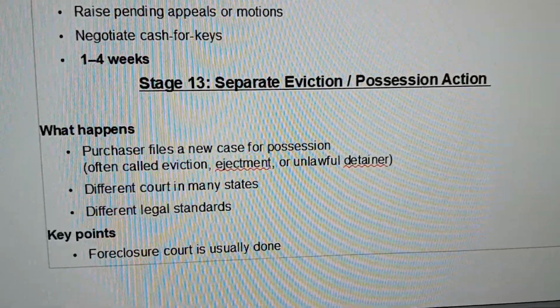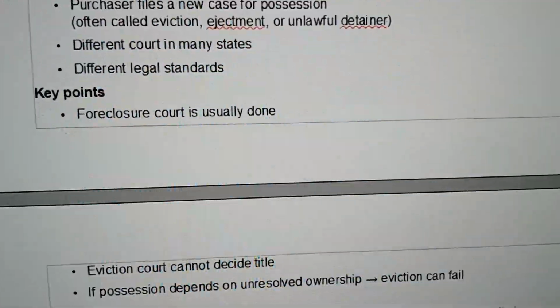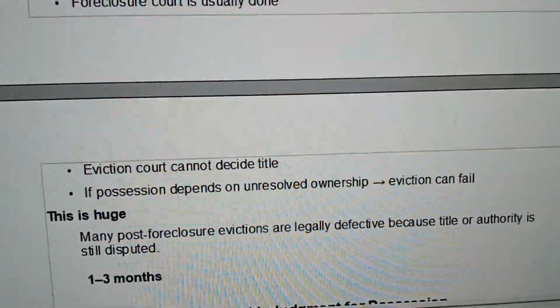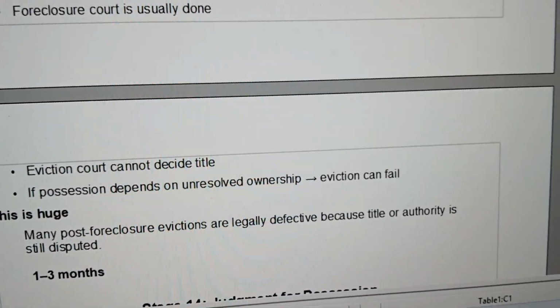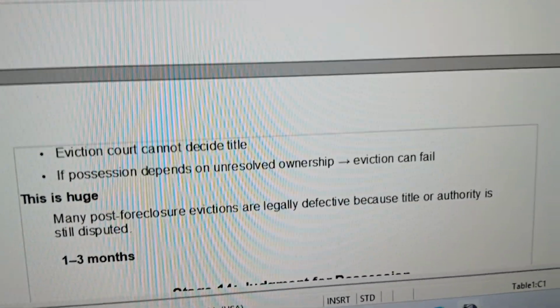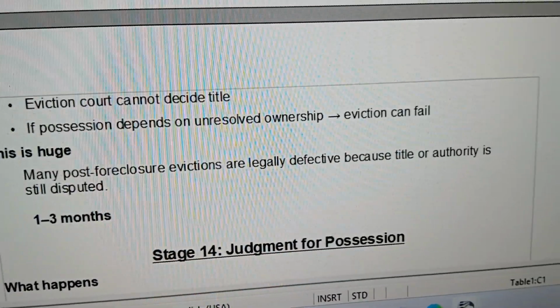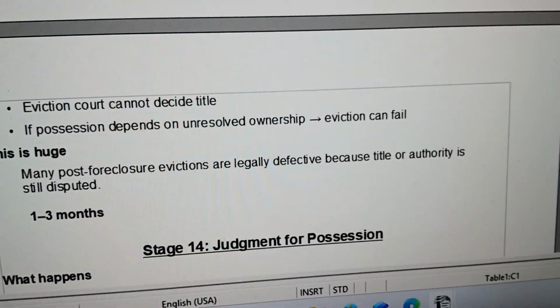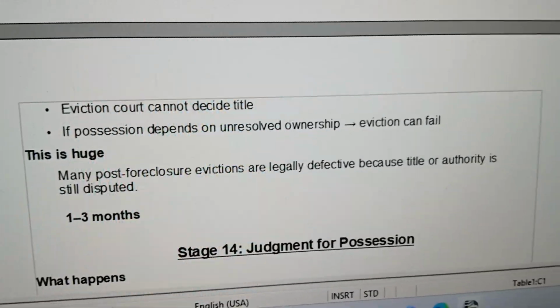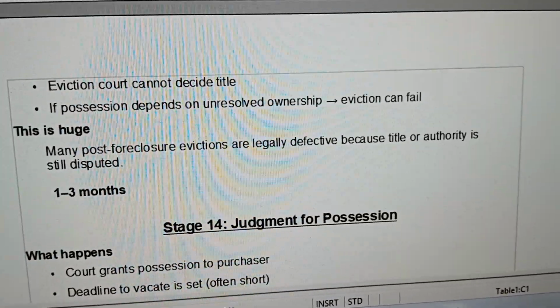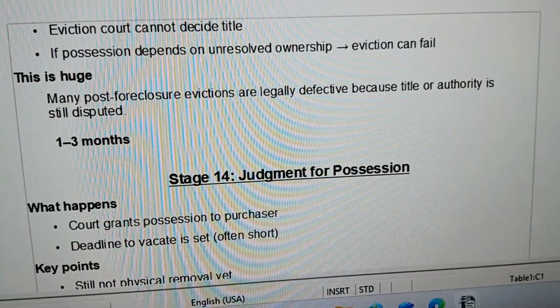Foreclosure court is usually done. Eviction cannot decide title. If possession depends on unresolved ownership, eviction can fail. This is huge. Many post-foreclosure evictions are legally defective because title or authority is still disputed. Again, the time frame is 1 to 3 months.